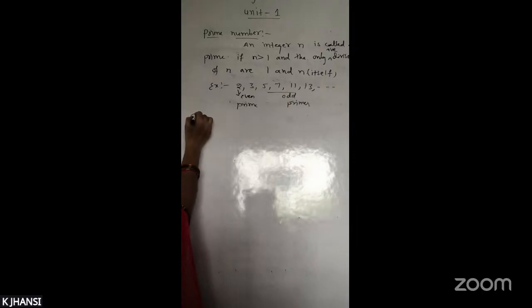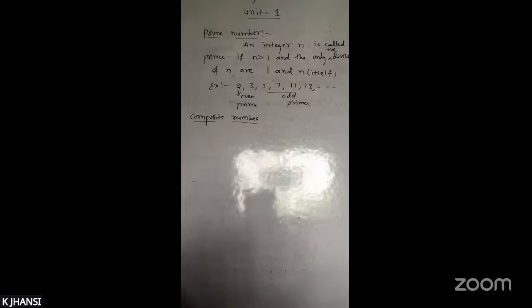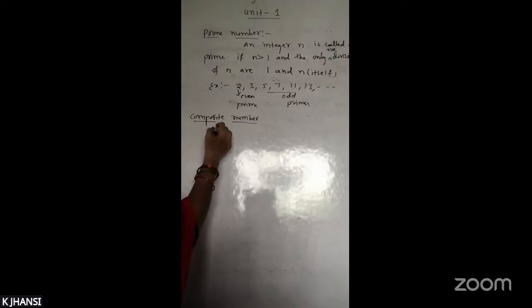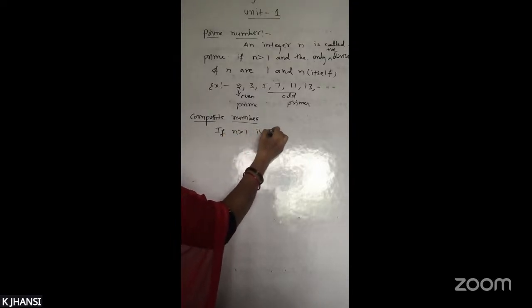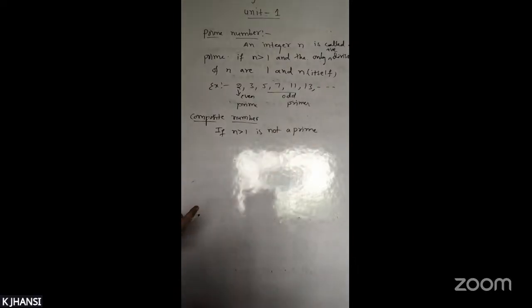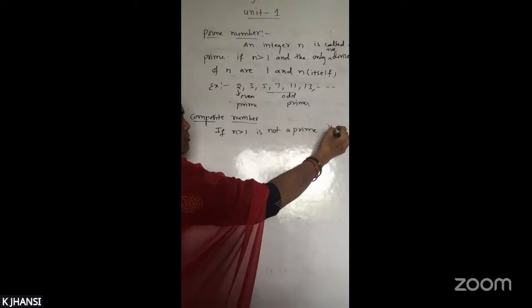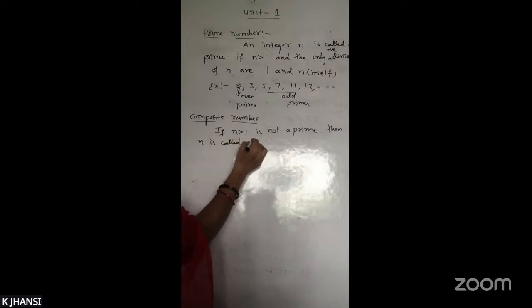Next is the composite numbers. Other than the prime numbers, whatever numbers are left are called composite numbers. If n is greater than 1 and is not a prime, then n is called a composite number.